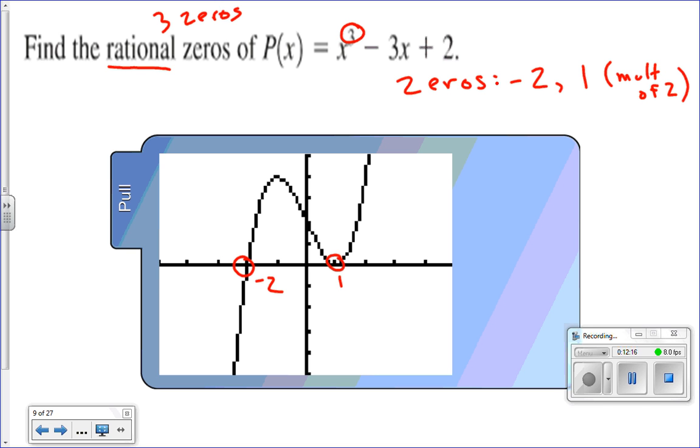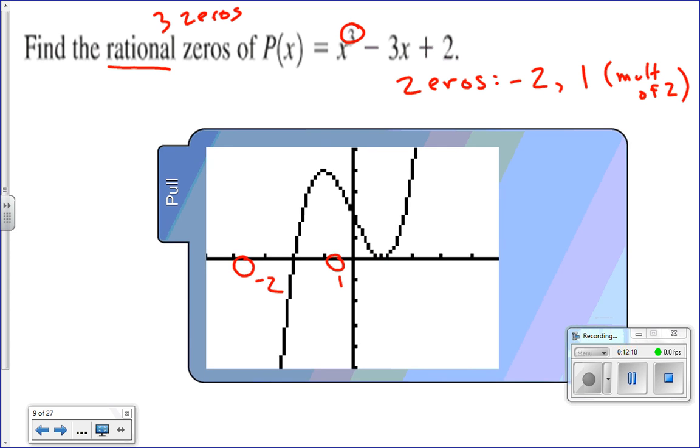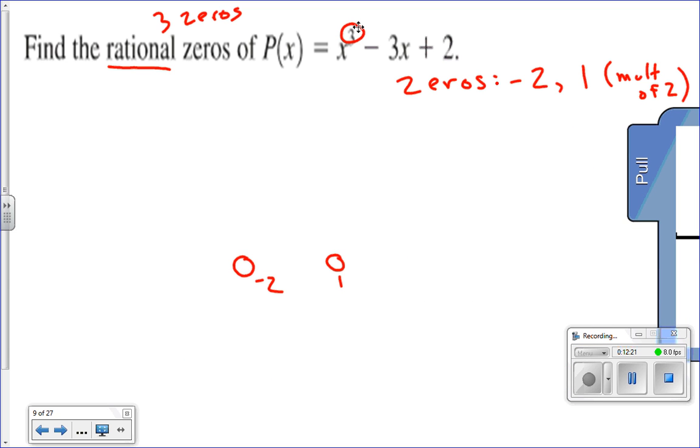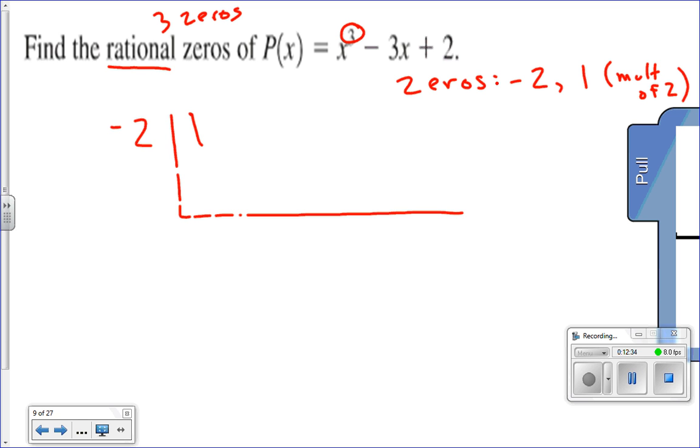So one thing we could do is verify that with our synthetic division. So let's start with negative 2. Let's do negative 2, and we're going to divide that by our polynomial. So 1x to the third, 0x squared, negative 3 and 2. So we're going to bring down the 1.